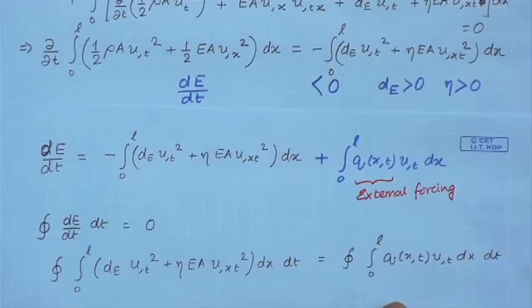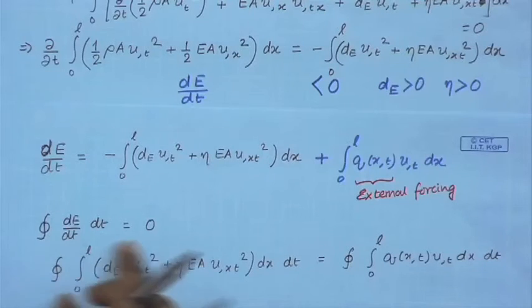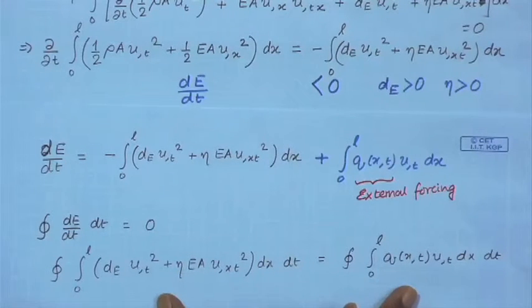So at steady state, if there is a steady state solution, then the energy change over one period must be 0. Therefore, this is what we obtain. What this says is the energy provided by the forcing over one cycle is equal to the energy dissipated by the damping terms over one cycle. So, from here you can estimate many things.